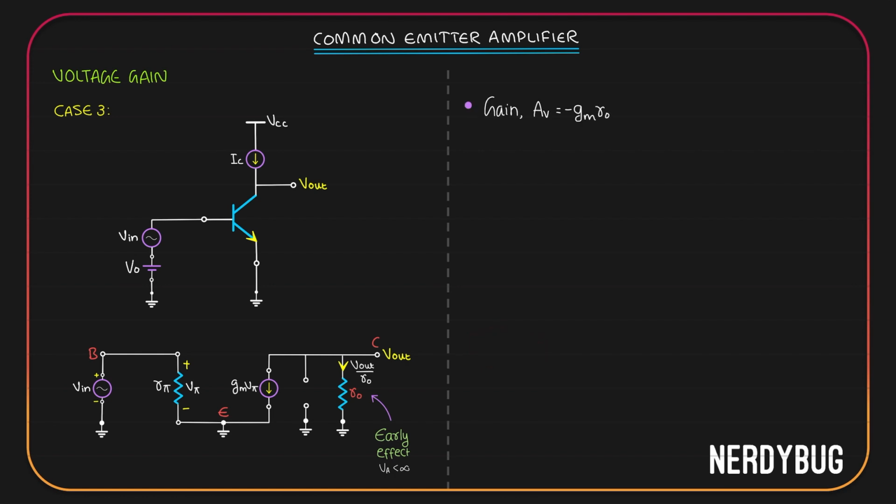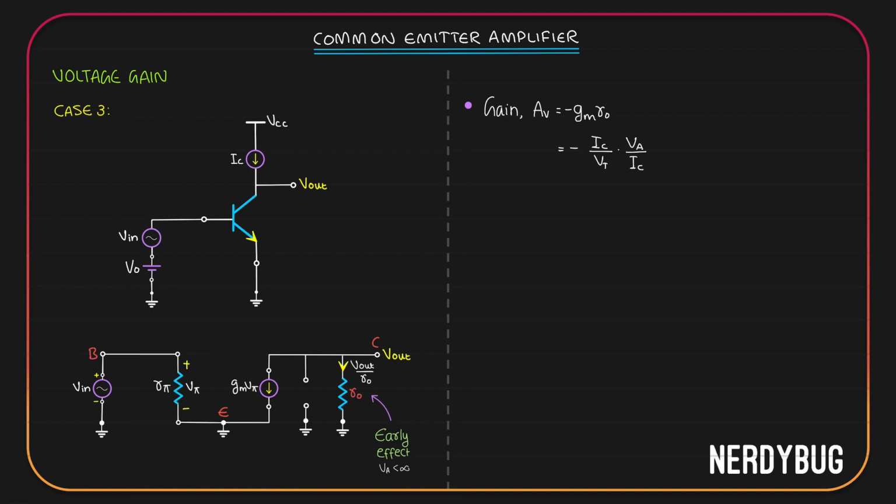Let us directly write it. Av is minus gm R naught. Now we know gm, or the transconductance, is IC by Vt and R naught is Va by IC. Then the gain will be minus of IC by Vt multiplied by Va, the early voltage, divided by IC.